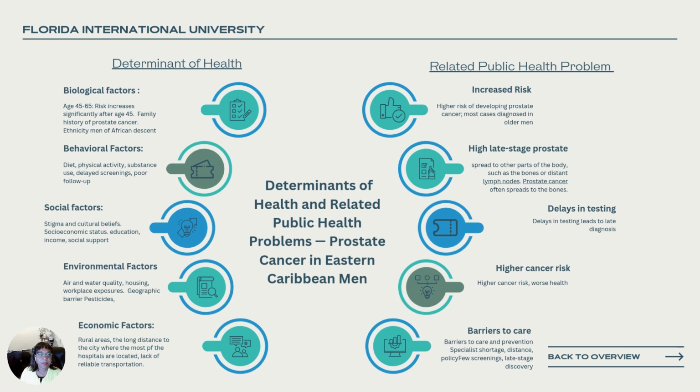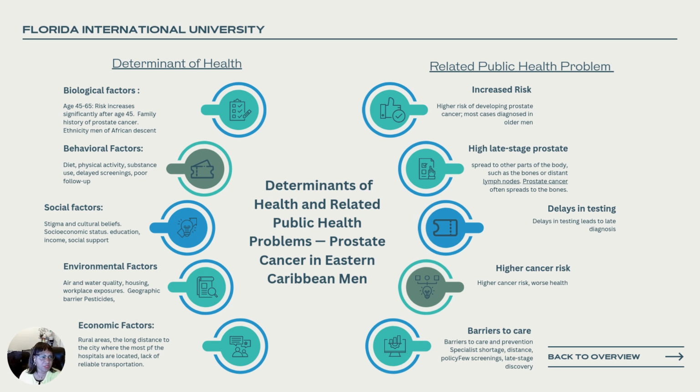So here, I would like to address some of the determinants of health, and also the related public health problem as a result. So multiple determinants impact these men's health.